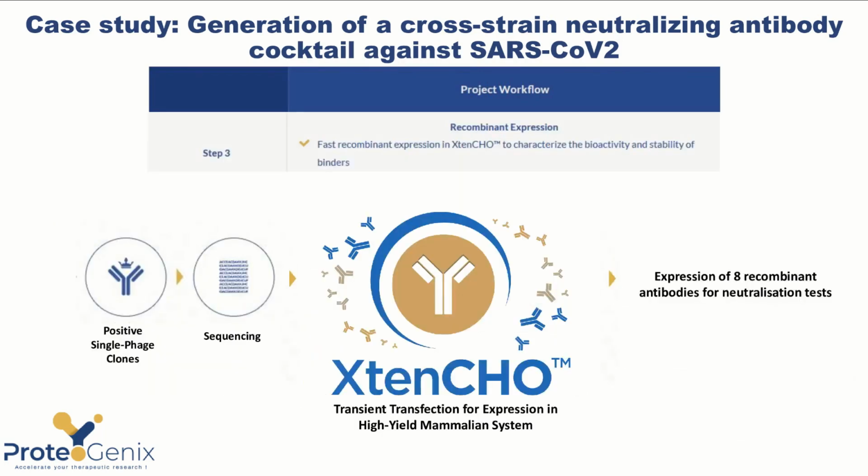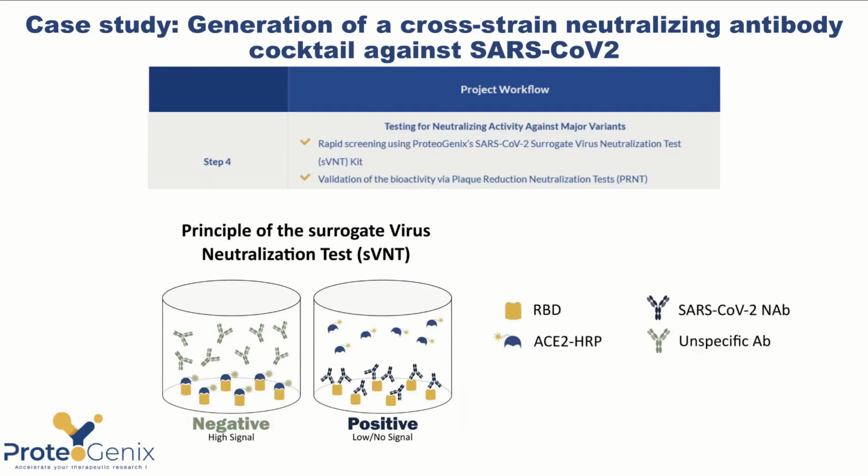Once a panel of 8 binders was identified, we sequenced the clones and expressed them as full-length recombinant human IgGs by using our high-yield proprietary mammalian XTEN-CHO system. We then assessed the activity of this panel of binders using our own surrogate virus neutralization test, which we developed ourselves at the start of the pandemic in order to identify neutralizing COVID-19 binders.